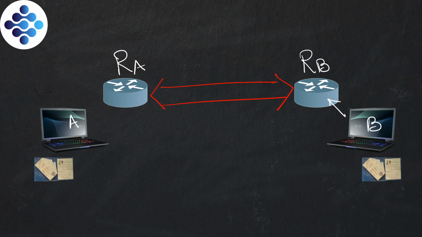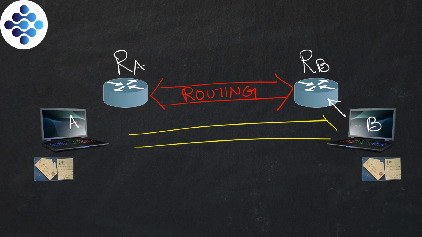So what routers are doing is similar to what the post offices were doing, communicating with each other. So over here, this is called the routing protocol. And what users are communicating, where the data is traveling, is called the routed protocol.